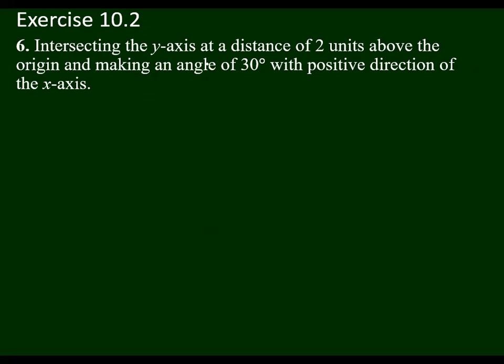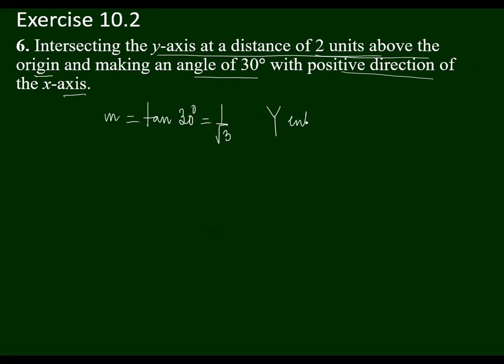Question 6. Intersecting the y-axis at a distance of 2 units above the origin, making an angle of 30 degrees with the positive direction of the x-axis. So m is equal to tan 30, which is 1 by root 3, and the y-intercept is positive, so plus 2.